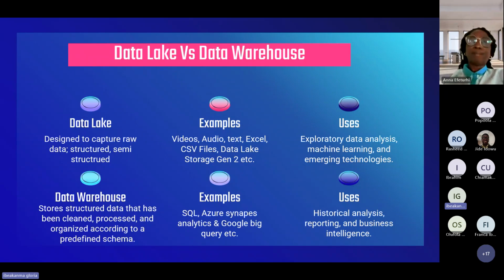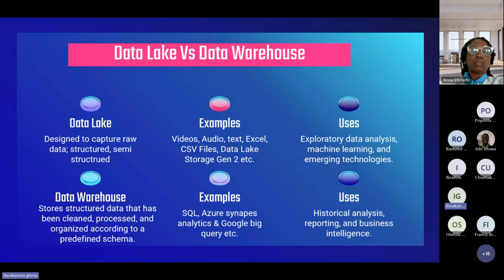Examples are your videos, your audio, your text, your Excel files, your CSV. So what do we use the data lake for? One of the uses is exploratory data analysis. It's also used for machine learning and emerging technologies. So it is actually beautiful.